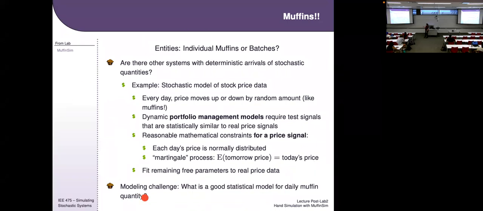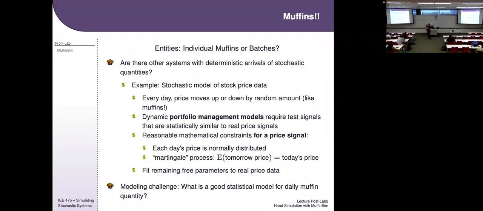And so there are examples of portfolio management models, dynamic portfolio management models, which basically put money in and out of different equities, different stocks, and then measure how the prices go up and down in their simulated strategies. And in order for those to work, they need a simulated price signal.